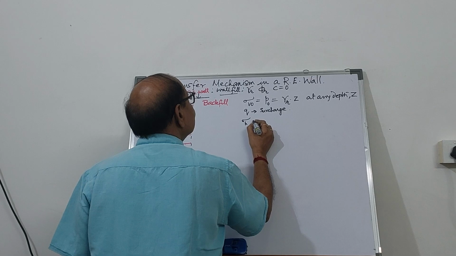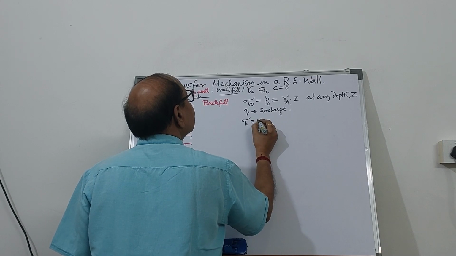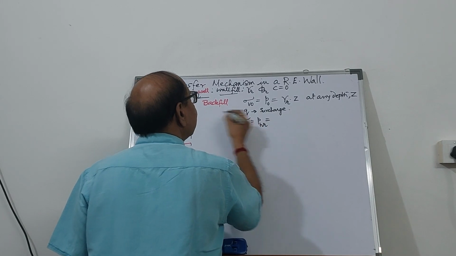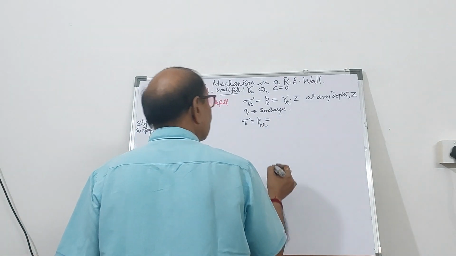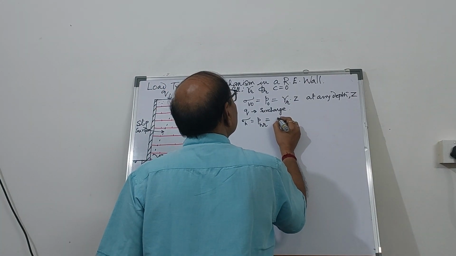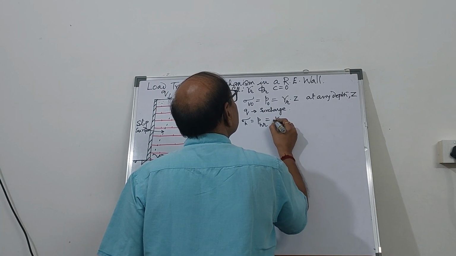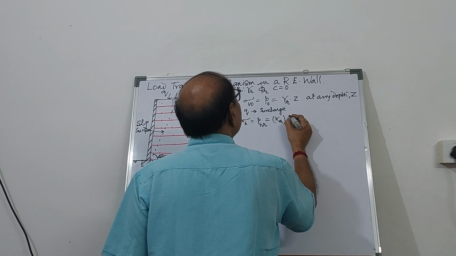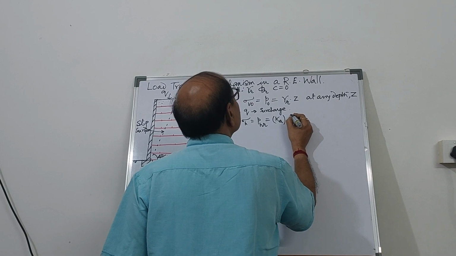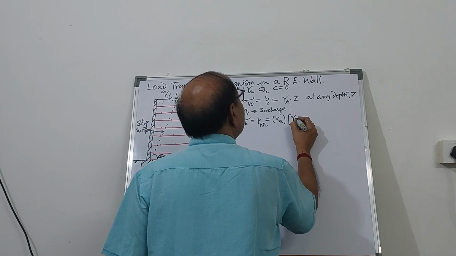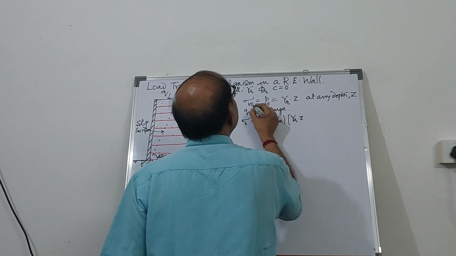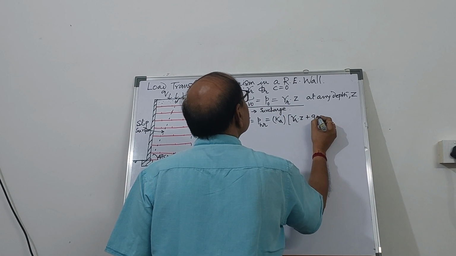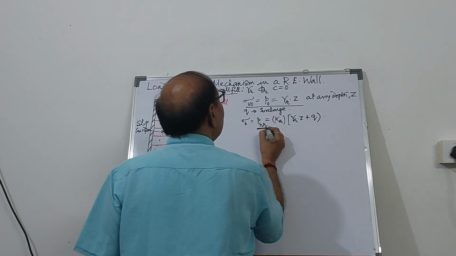Total horizontal pressure, we can call it PHR in the reinforced zone, is going to be Ka in the reinforced zone multiplied by gamma r into z due to overburden plus surcharge. This will give you the horizontal pressure.